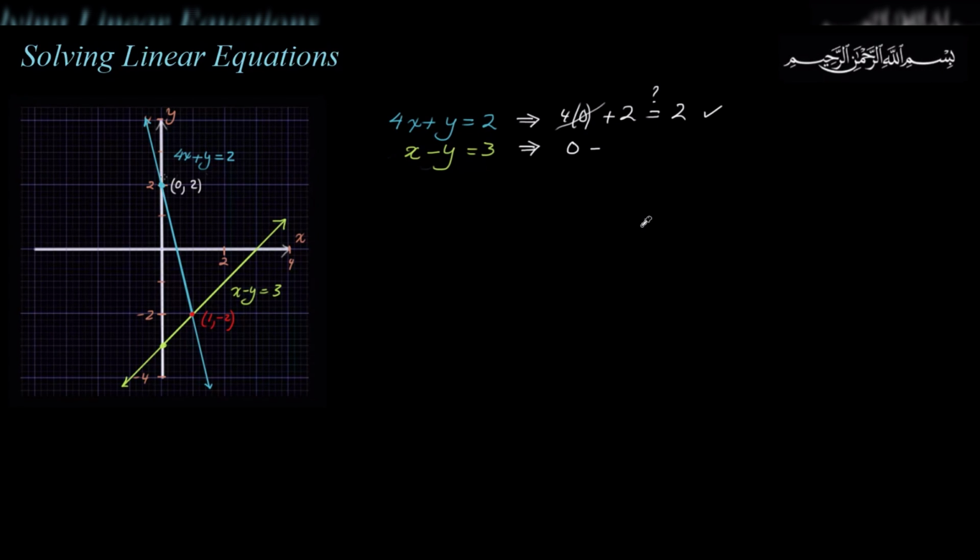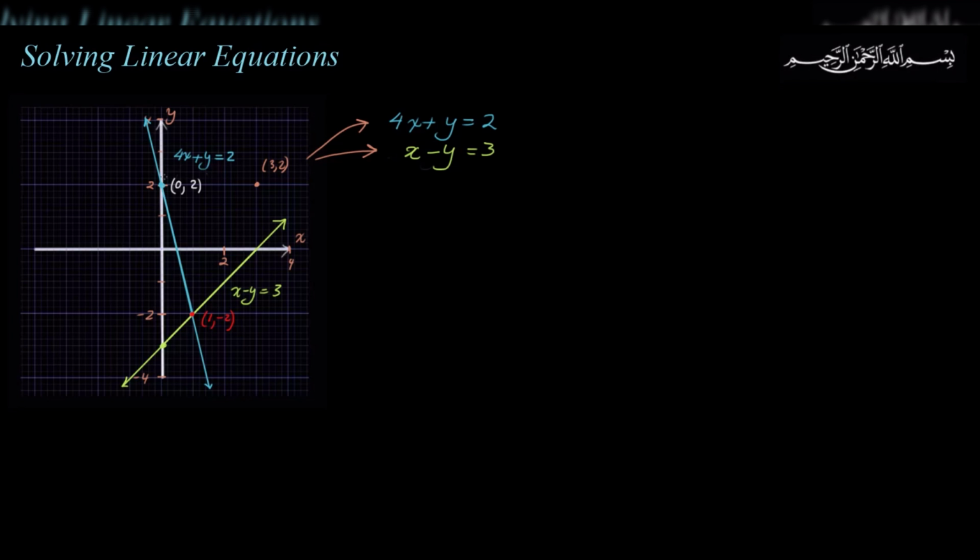Now, if we continue this exercise, we can pick any other point. Let's pick this point (3, 2) right here. This point (3, 2) is not on the blue line, and it's not on the green line. So if we substitute that point in either one of these equations, it should not work.